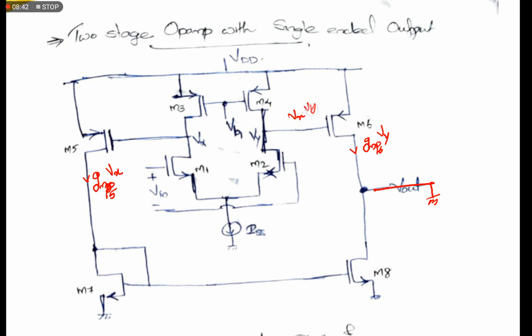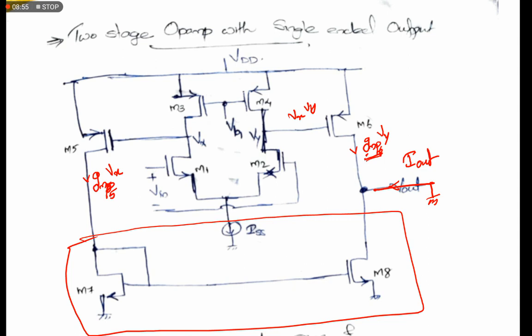Okay, Vx and Vy, and this current I need to evaluate is I out. GMP6 Vy is here. Due to the current mirror configuration of M7 and M8, this current is GMP5 Vx. So from that we can evaluate I out.